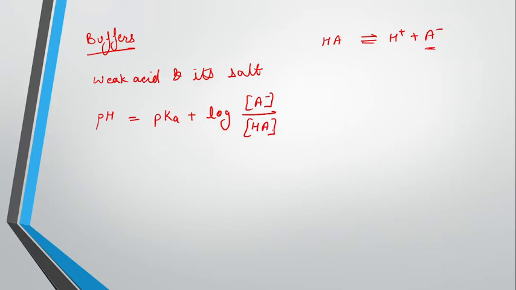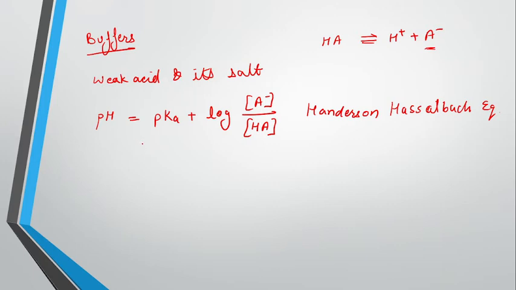Okay, so this is called the Henderson-Hasselbalch equation. This is used to calculate pH of buffers.